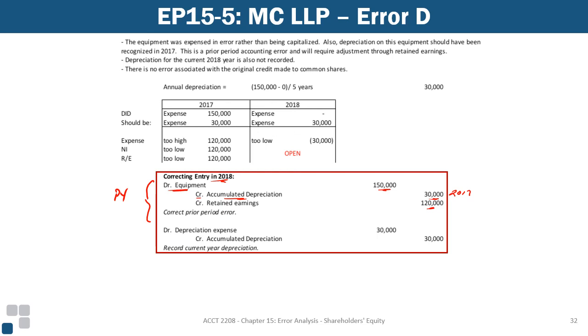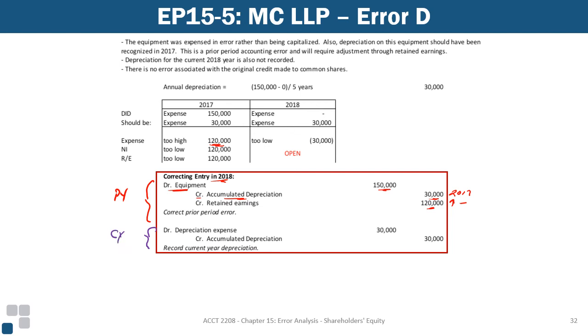So as we said here, the expenses are too high, right? So we need to reduce the expenses that have been closed to retained earnings. So we're going to credit retained earnings to bring it back up. Right, so credit retained earnings for 120,000, and that takes care of the 2017 year.